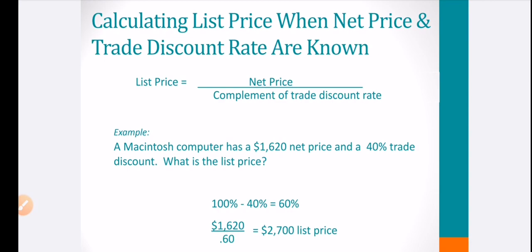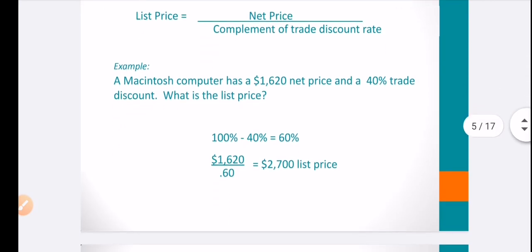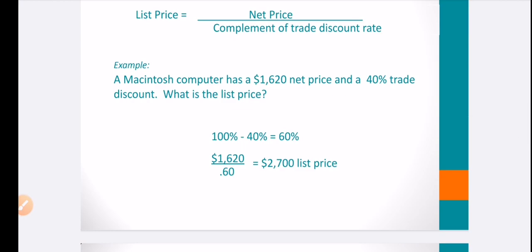For example, a Macintosh computer has a 1,620 net price and a 40% trade discount. So what is the list price for this computer?